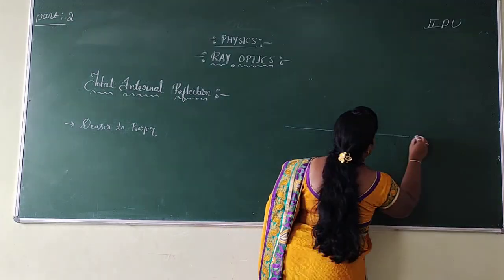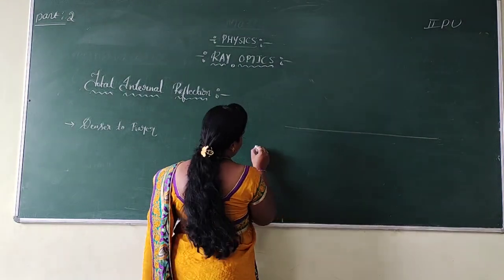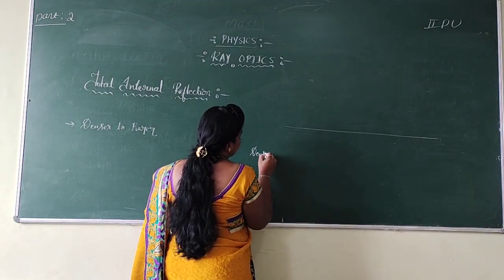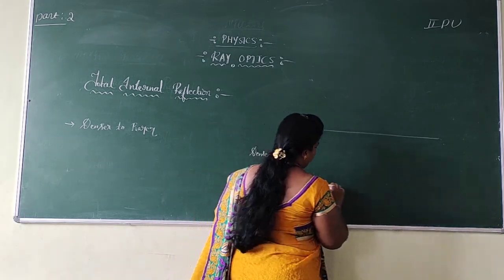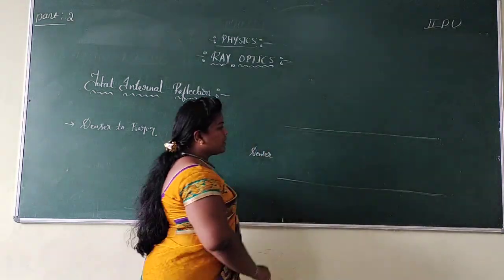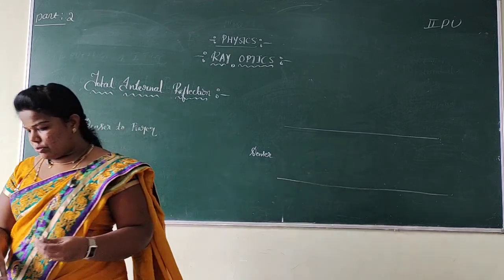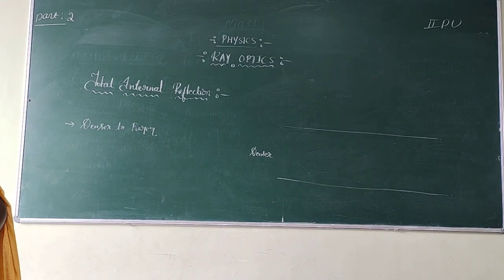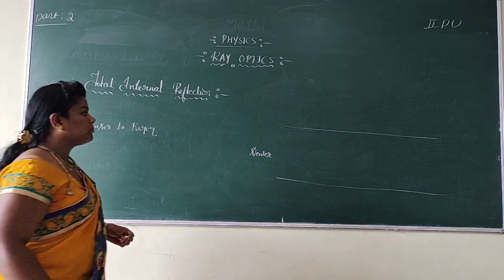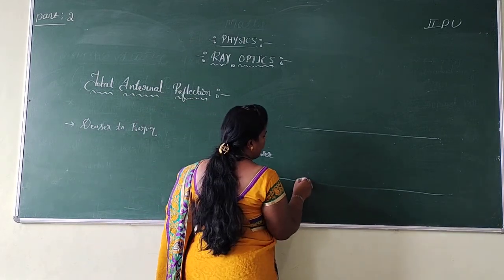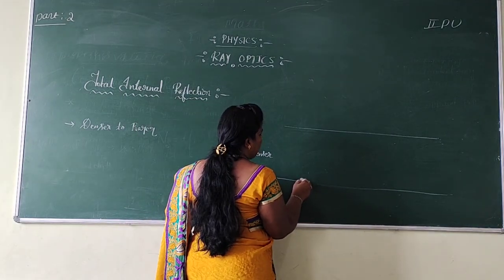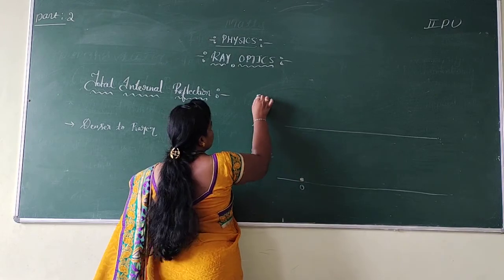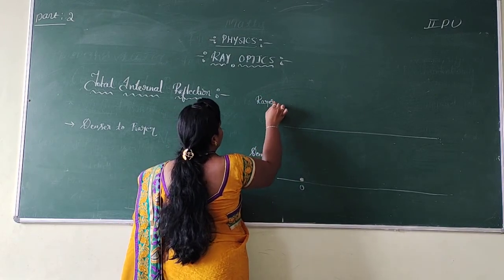I am just writing a denser medium. So I am going to name this one as denser medium. Now this is the object O, whereas this is the rarer medium.